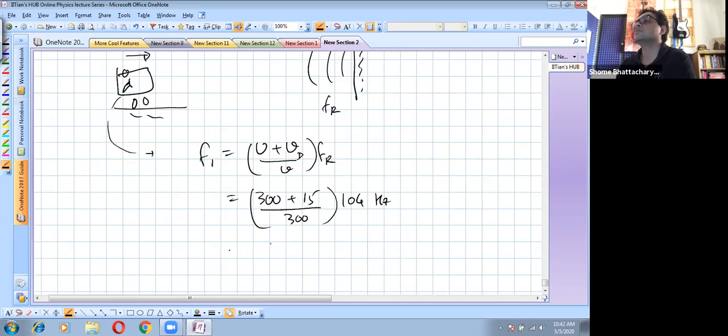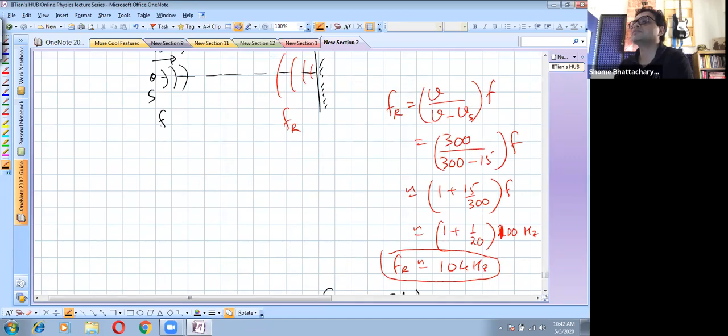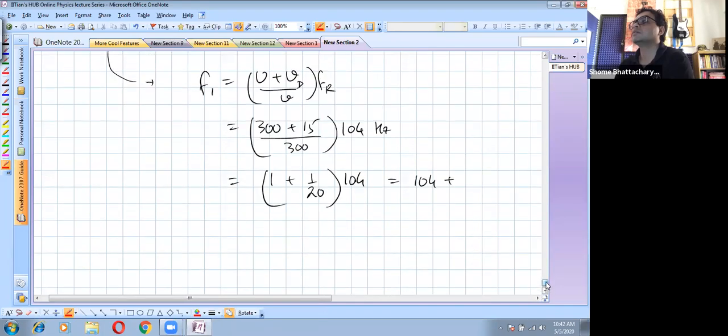So this frequency becomes 1 plus 1 by 20 times 105. I made a mistake here, it should be 5, not 4. My mistake, just making a correction here. This should be 105 hertz, so this will also be 105.